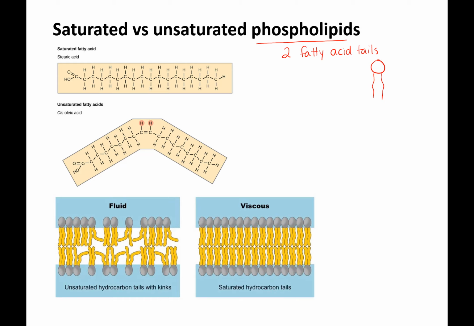So phospholipids make up membranes. They are the main component of membranes, and that means the membranes around your cells. That means the membranes for all of your membrane-bound organelles, like your Golgi, your lysosome, your vesicles, your ER. All of those are a bilayer, which means 2 layers of phospholipids.